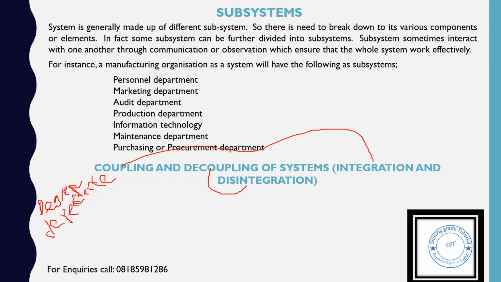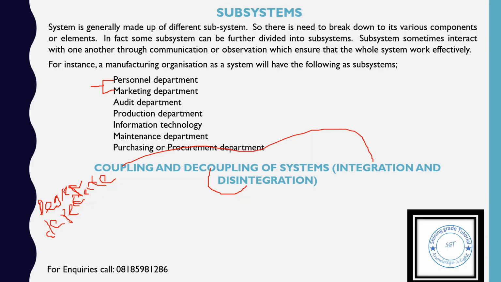Let's say for instance, in the personnel department and marketing department, there will be some kind of dependence between them. The marketing department will need the help of the personnel department in terms of providing personnel for the marketing department, sales department, sales representatives, sales managers, everything. They all come from the personnel department.